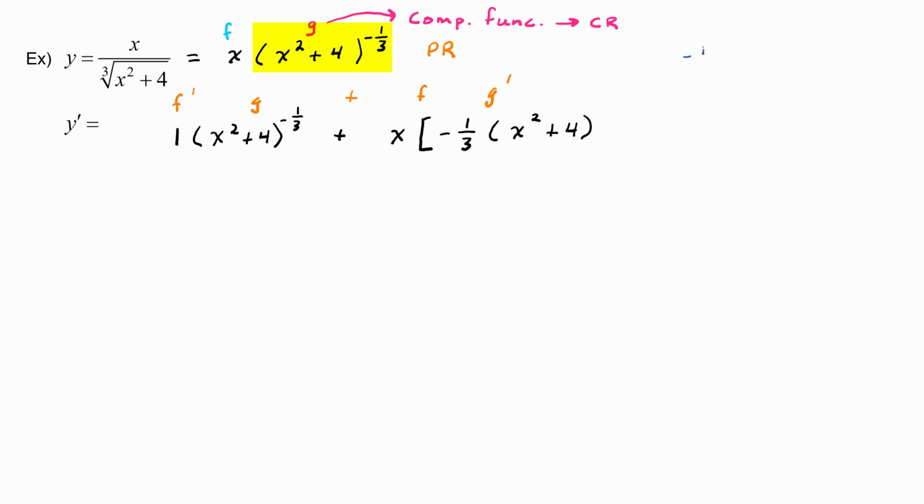So if we do negative 1/3 minus 1, that's the same as negative 1/3 minus 3/3, which is negative 4/3. So negative 1/3 minus 1 means our exponent now is negative 4/3. Now the chain rule tells us that we have to take it times the derivative of what's inside, and the derivative of x squared plus 4 is 2x.